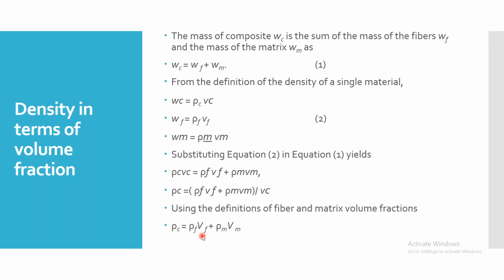This denotes that the density of the composite is the density of fiber into the volume fraction of fiber plus the density of matrix into the volume fraction of matrix. You should always note that Vf and Vm are the volume fractions of fiber and matrix, that is capital Vf and capital Vm.